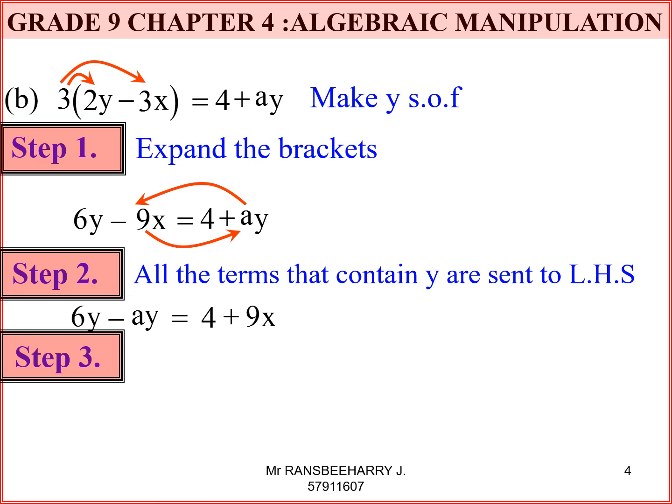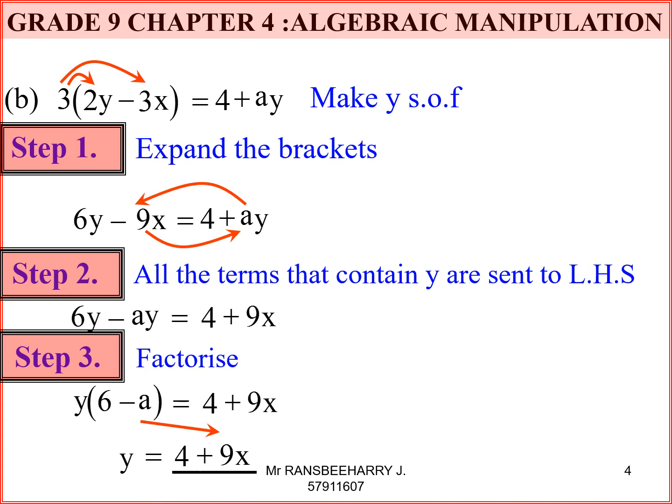Step 3, factorize. We obtain y into 6 minus a is equal to 4 plus 9x. Cross multiply, we obtain y is equal to 4 plus 9x over 6 minus a. So we have made y subject of formula. Y is equal to 4 plus 9x over 6 minus a.